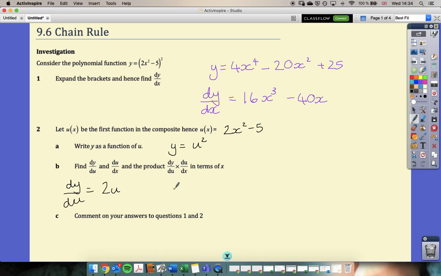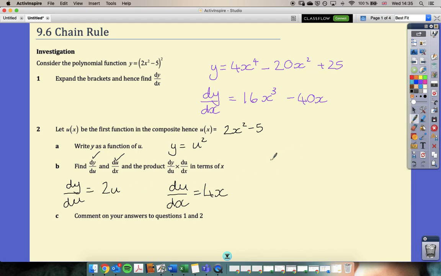And we're also going to find du by dx. So I'm going to go up to this and differentiate this with respect to x now. So multiply by the power, reduce the power by 1. Okay, so we found this, and this, and then the product of dy by du and du by dx in terms of x. So I'm multiplying these two together.